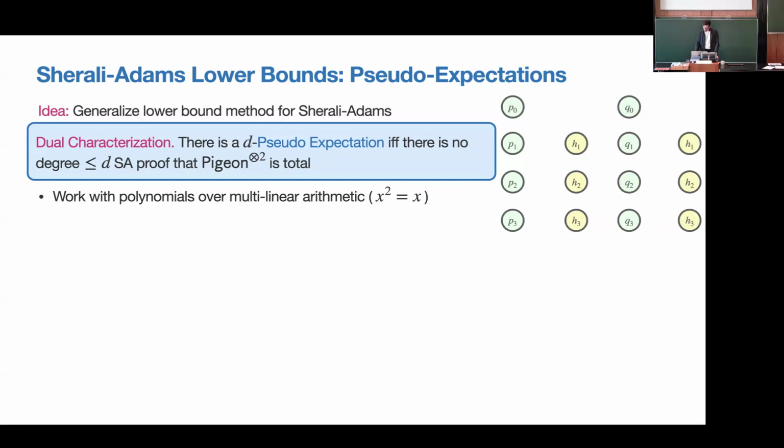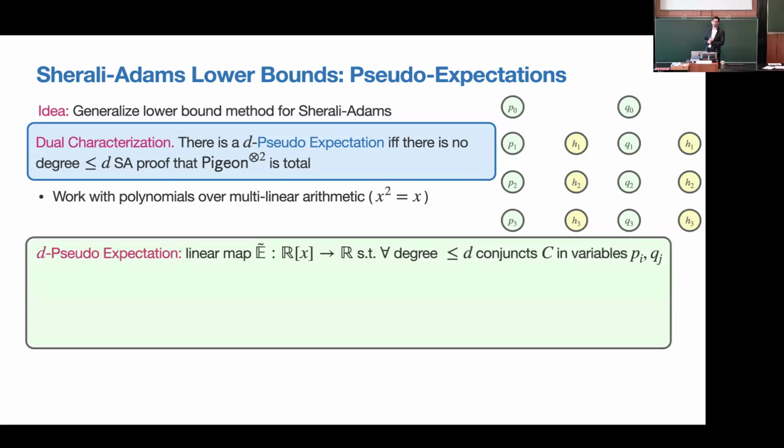up to degree d. So we can define it formally, which is as follows. It's a linear map from polynomials, the moments of the distribution, such that if you look at conjunctions of degree at most d, a conjunct is just a junta, so it's x, 1 minus y, z, something like that, it's going to satisfy the following properties, which basically enforce that on the degree d moments, it behaves like a true expectation.